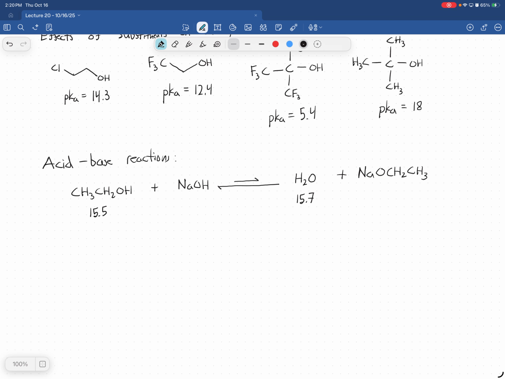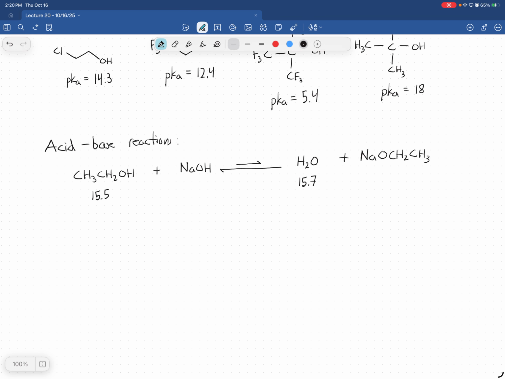But it's more towards the right side. Good. Now let's look at, oh wait, I actually had the value here. It's not 5. Let's change that to 9. My bad. So I was using methanol, but ethanol is a little bit different. 15.9. So this explains why it kind of moves. It favors the right just slightly, okay?